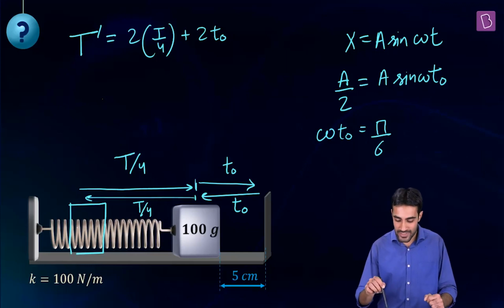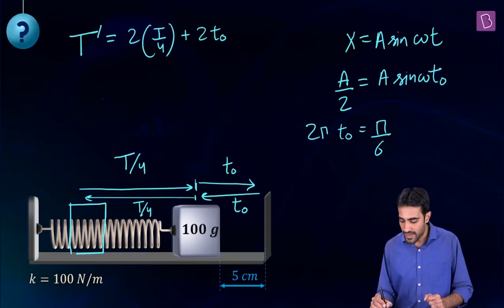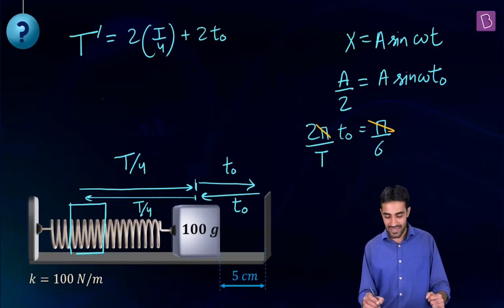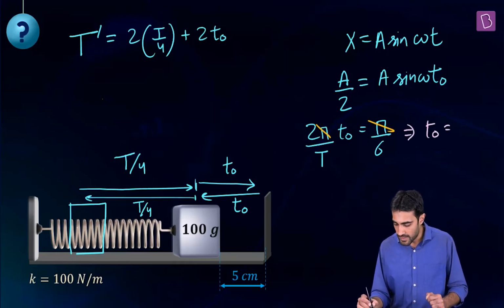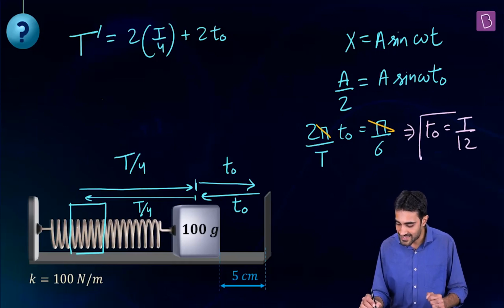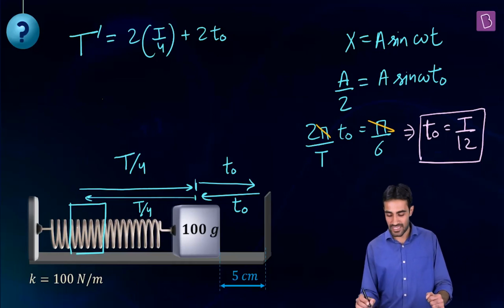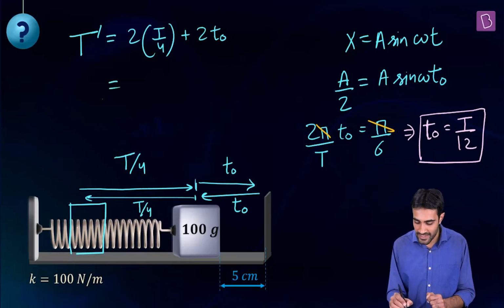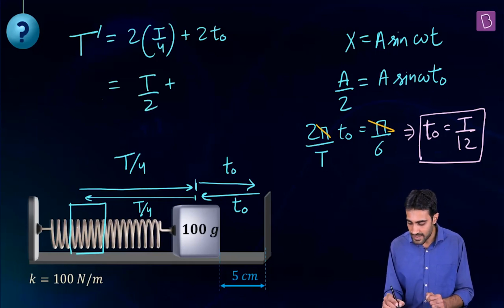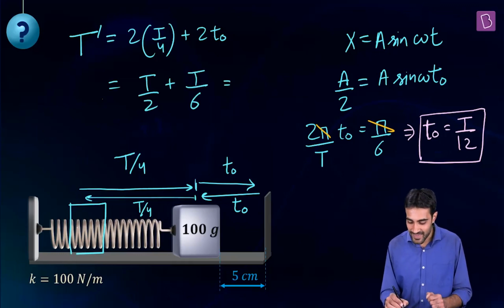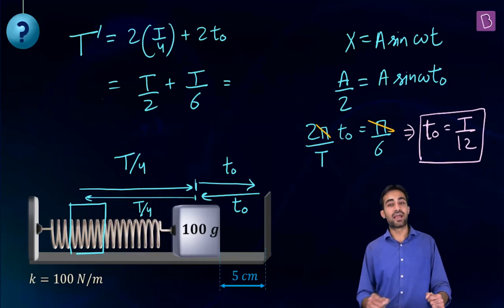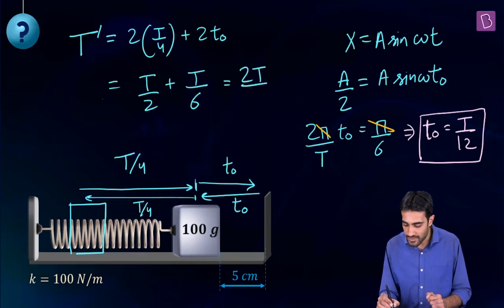Now instead of omega, I will write 2 pi by time period capital T. Pi gets cancelled out, and we get t naught equals T by 12. So the complete time period T by 12 is t naught. Let's put this value of t naught over here. What are we getting? T by 2 plus T by 6. And we can see that this is 4T by 6, which is 2T by 3.